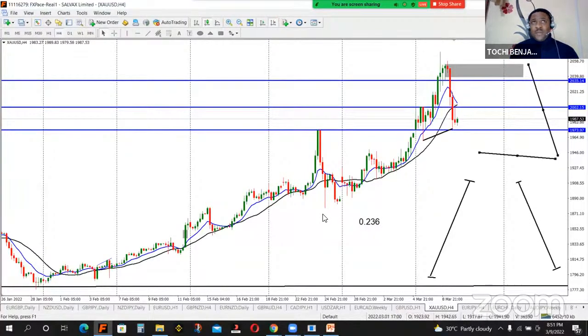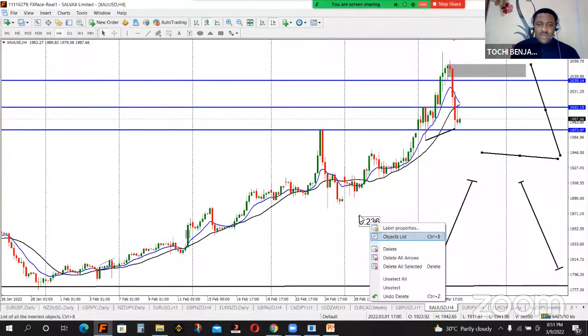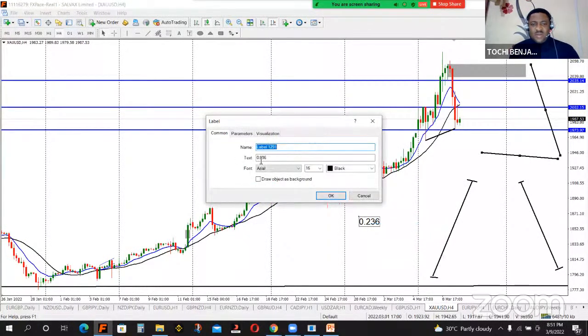That's the percentage. So just permit me, let me use the percentage at once so that we'll get it very clear. So for now, I will use the 23.6% retracement level.